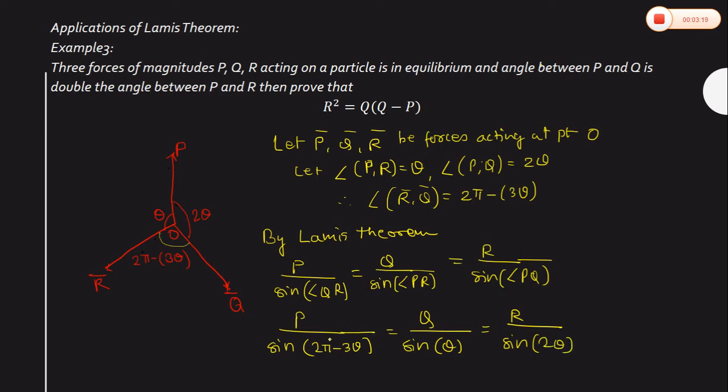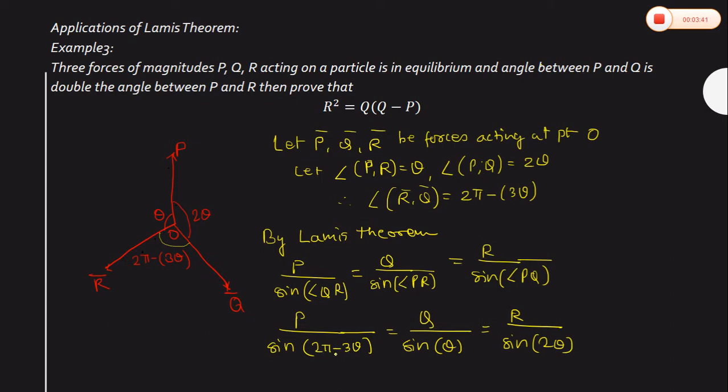Now in the first ratio, the denominator has a compound angle, and the first angle is an integer multiple of pi, so sine remains sine. So its answer is sine of 3 theta.